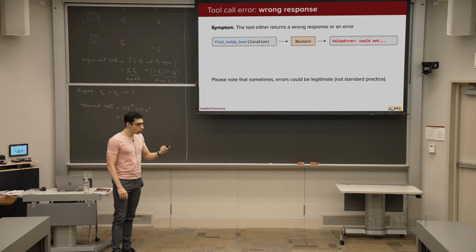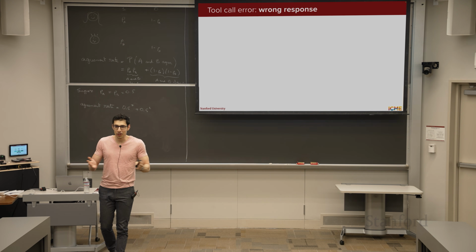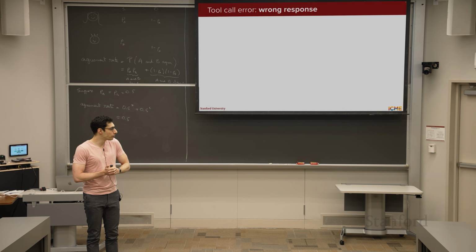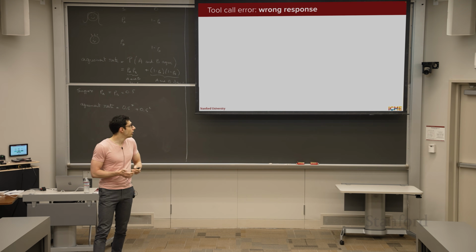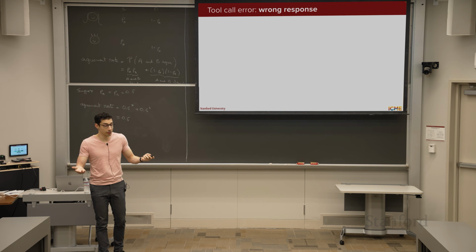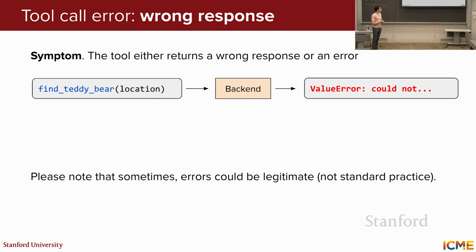So the first one is a very simple one from a mindset perspective. So maybe your tool just doesn't output the right response. So it's a very vague category. And as an example, maybe your code logic has a bug somewhere and it just returns an error, those that you see in Python, maybe it hits some value error or anything else.